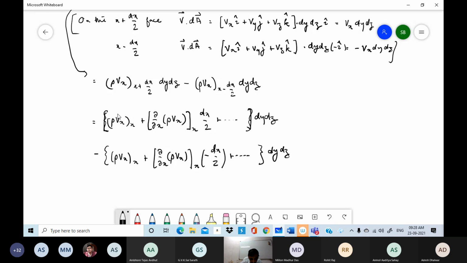So this term will cancel with this, but this has a positive sign. This negative cancel each other. So this again has a positive sign. So the leading order term would be, so this dx by 2 added with dx by 2 will give me dx.